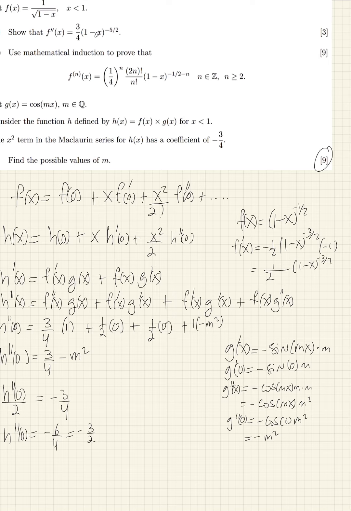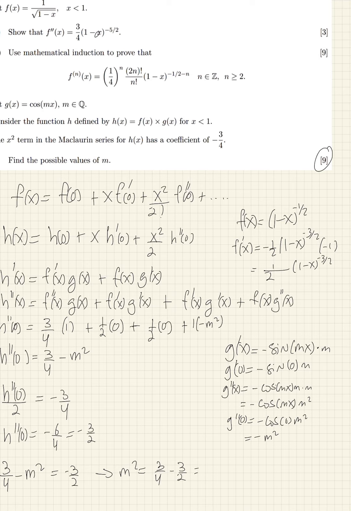And we found that h prime prime of 0 was this bit right here. So 3 over 4 minus m squared equals minus 3 over 2. What are we trying to show? Find the possible values of m, okay? So that m squared is therefore equal to 3 over 4 minus 3 over 2. 3/4 minus 6/4. Uh-oh.